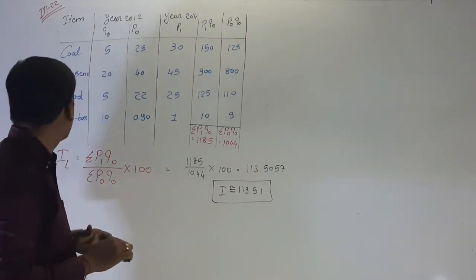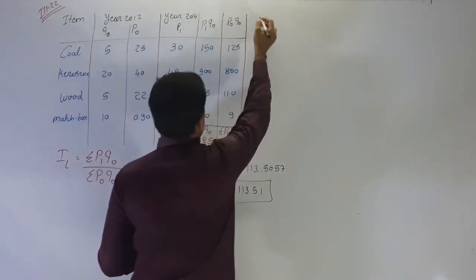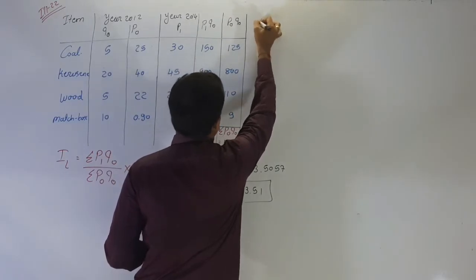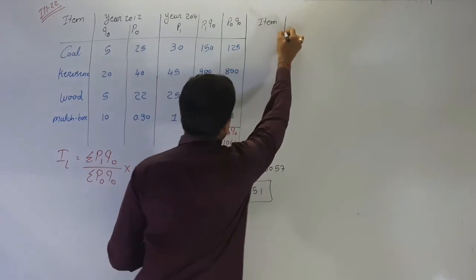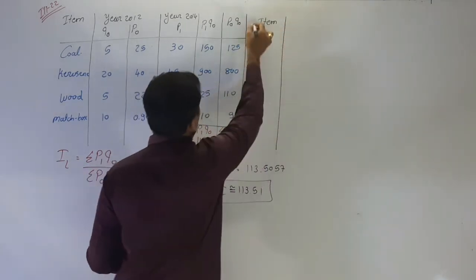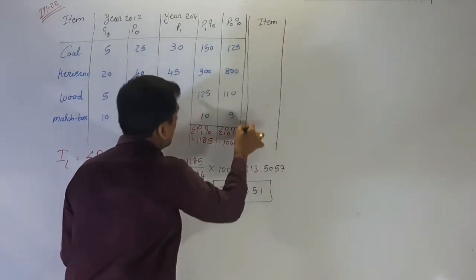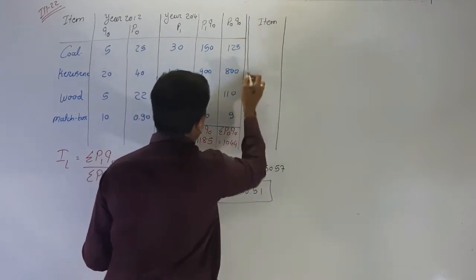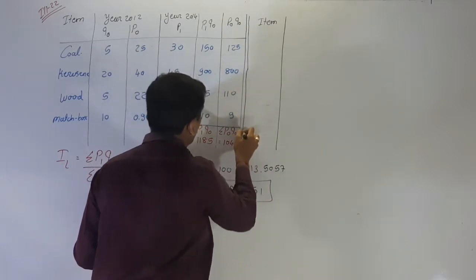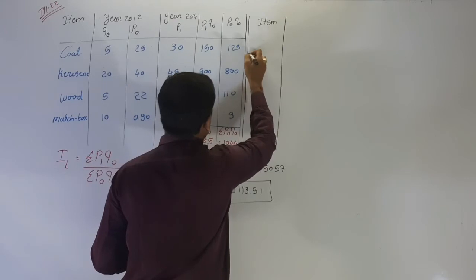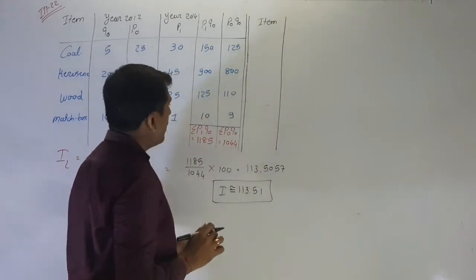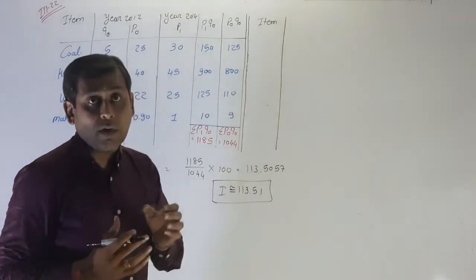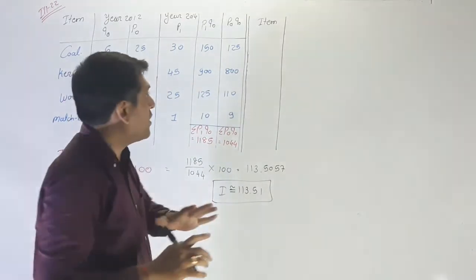Say I am preparing here the second table. See here, item, then the index number. Index number is given.